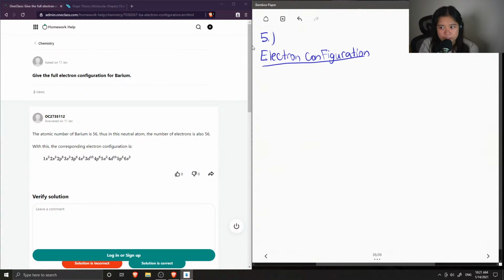Okay, so when we write out electron configuration, we want to follow these rules. The first step is to divide your periodic table into different sections. Each section corresponds to a different orbital: s, p, d, and f.